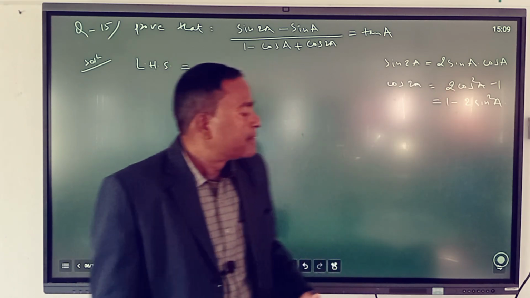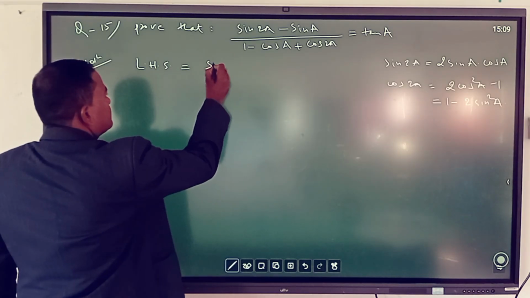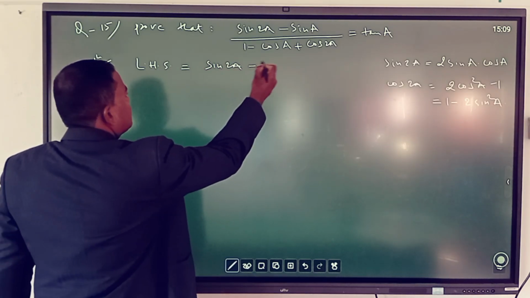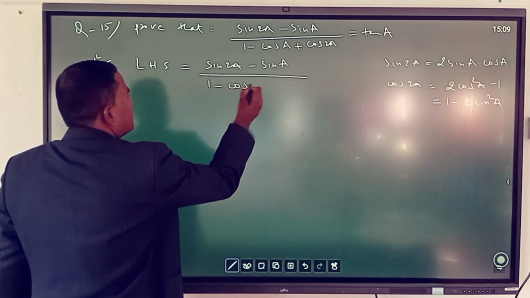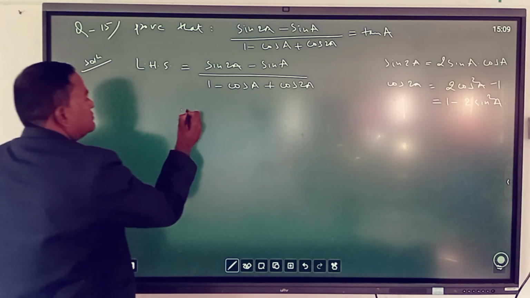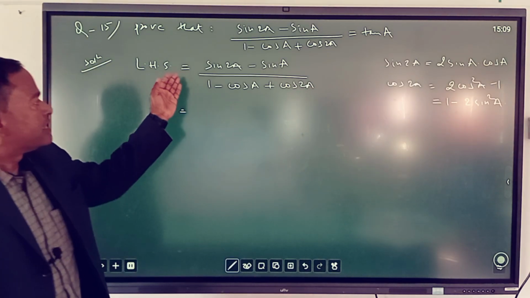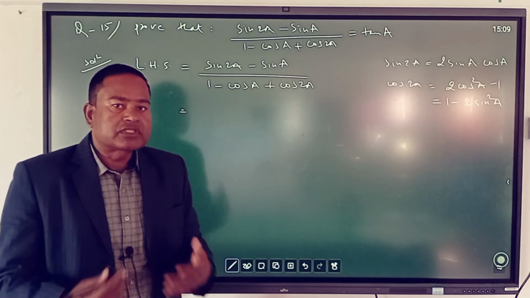So dear student, let's take LHS. The LHS is (sin 2a minus sin a) divided by (1 minus cos a plus cos 2a).